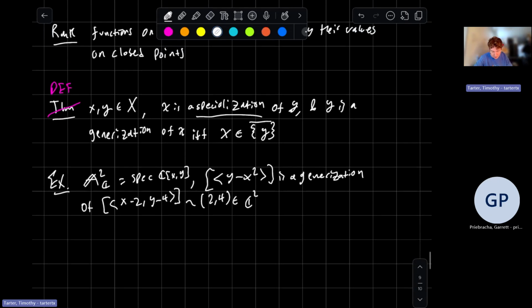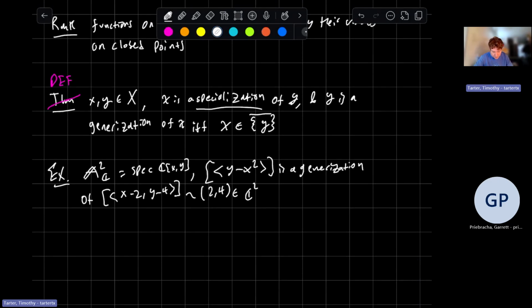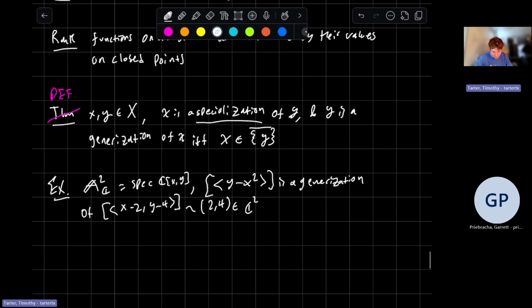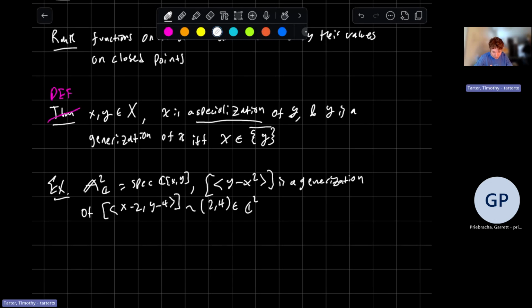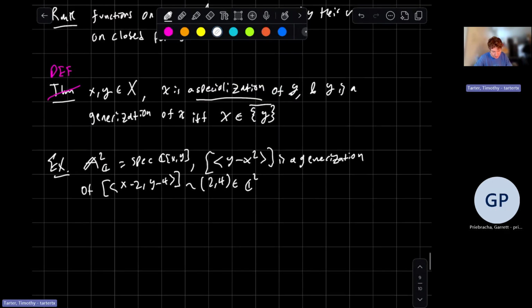And why is this true? Well, the Zariski closure is moving us down a dimension.